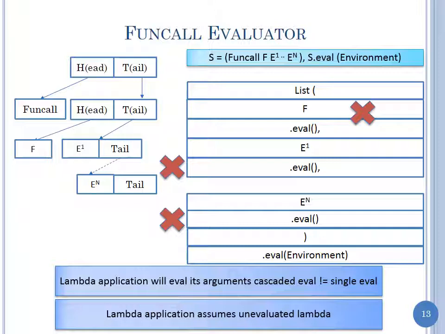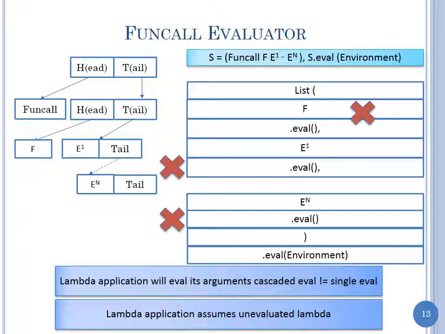Our first attempt was we just make a list. A function call we know is a list, and the first part can be a lambda or it can be a name. So we put f.eval, which is now a name, and that should return a lambda, and we pass to the lambda the expressions that we are asked to pass to the function.